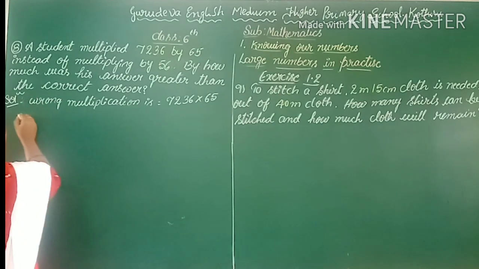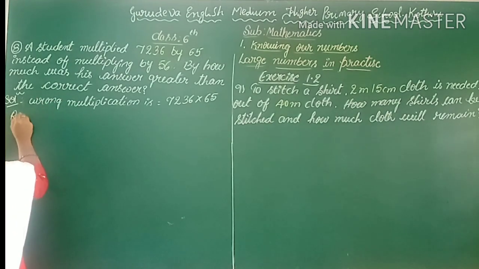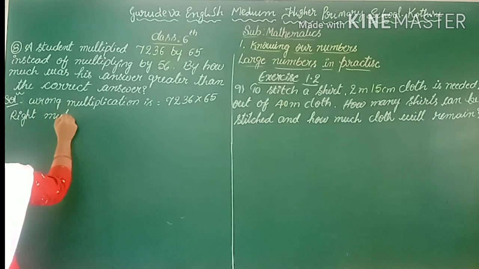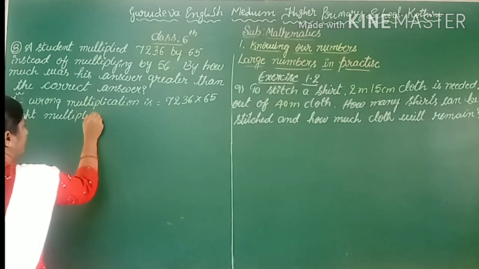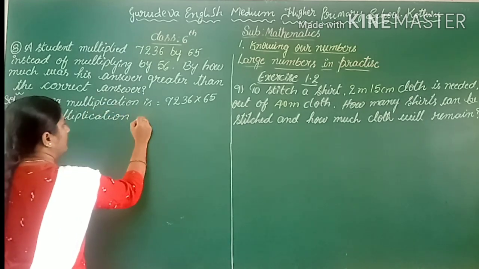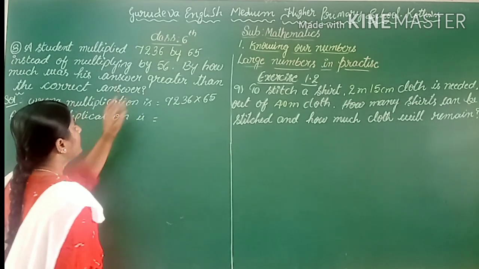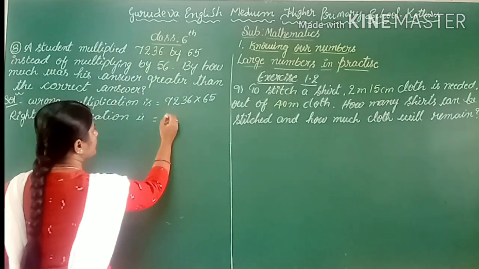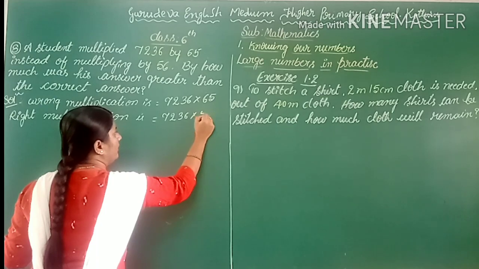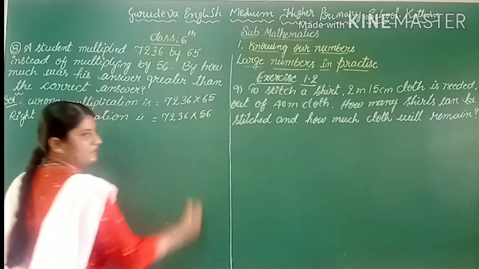Then the right multiplication is to multiply by 56, 7,236 into 56.